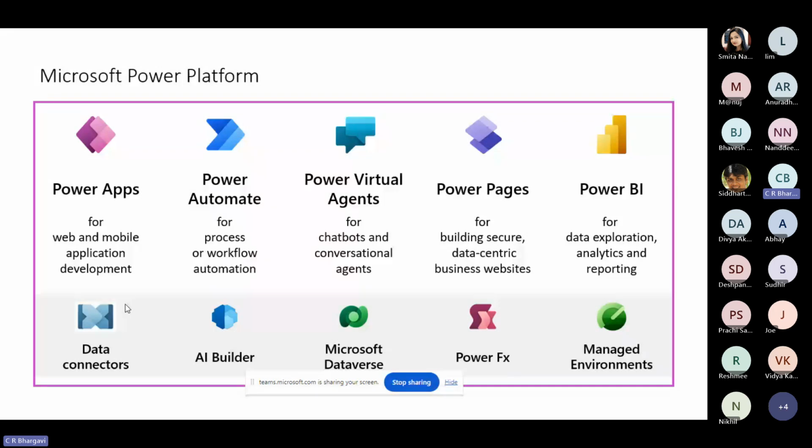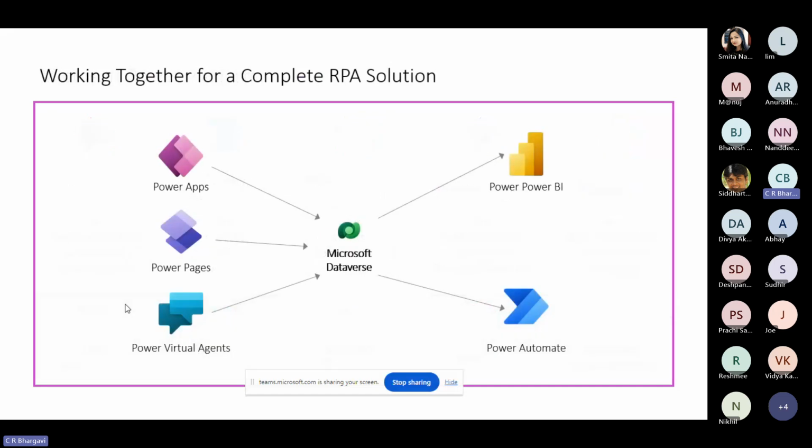Power Pages is used for connecting external websites, and Power BI is used for reporting. We have different connectors available inside Power Automate and Power Apps, and one such connector is the Word template, which is what we would be covering today.